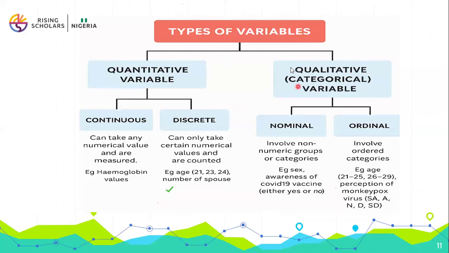So the other type of data or variable are qualitative variables, or categorical data. Now, it is also divided into two: you have nominal and ordinal. Nominal data are non-numeric categories.